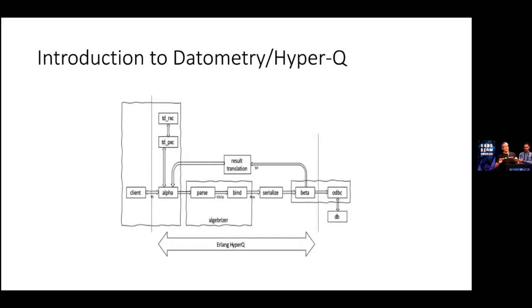In order to emulate the network protocol of Teradata, we also have to take the results that we get back from the cloud database and translate that data into the correct format, right? And all of this, the translation of the protocol and the SQL translation, adds overhead to the processing of a query. And it's in this overhead where we found some performance challenges.